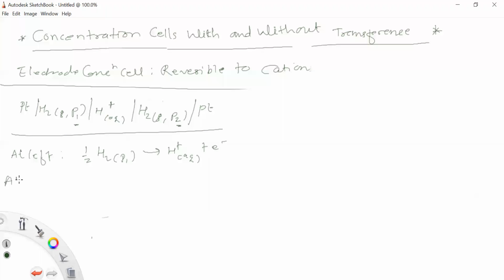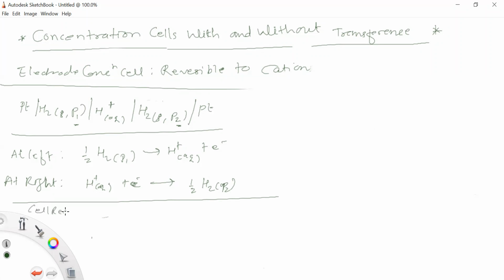At the same time, at the right hand side, the reaction is H plus plus electrons forming half H2 gas at pressure P2. So these two reactions occur in this cell, and in the overall cell reaction, this one gets cancelled.